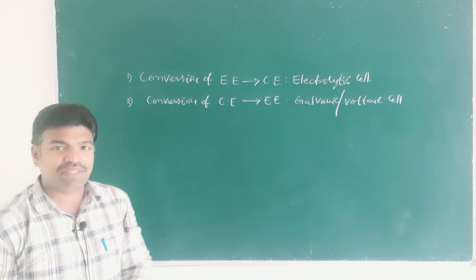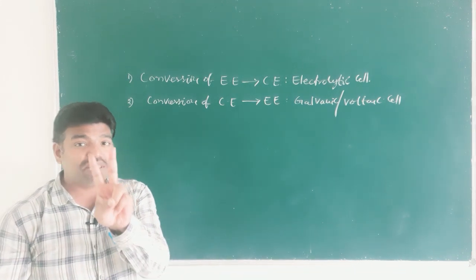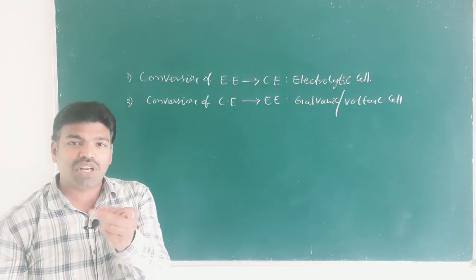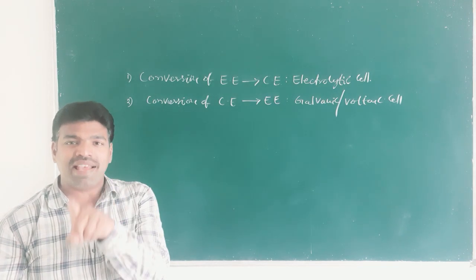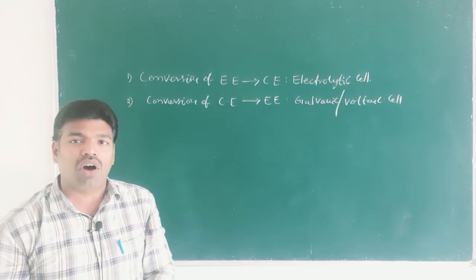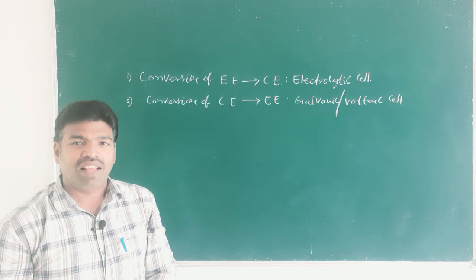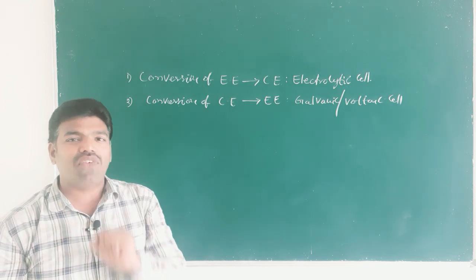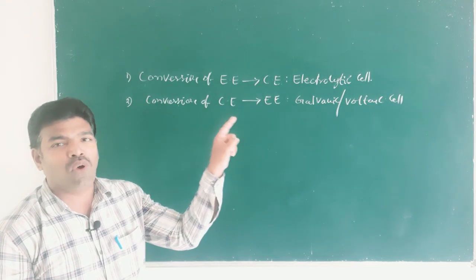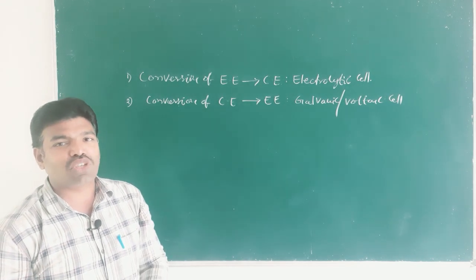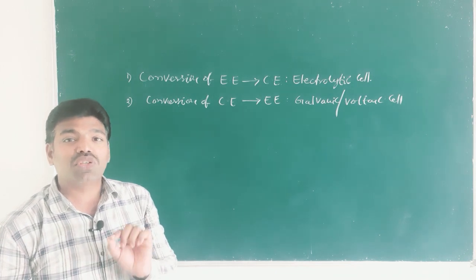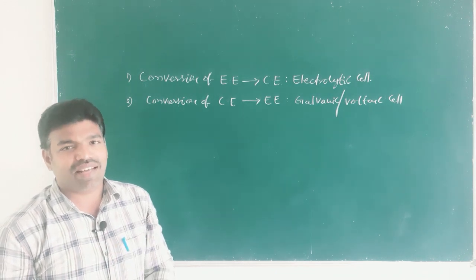That source of electricity is called a galvanic or voltaic cell. So a galvanic or voltaic cell is a source of electricity.